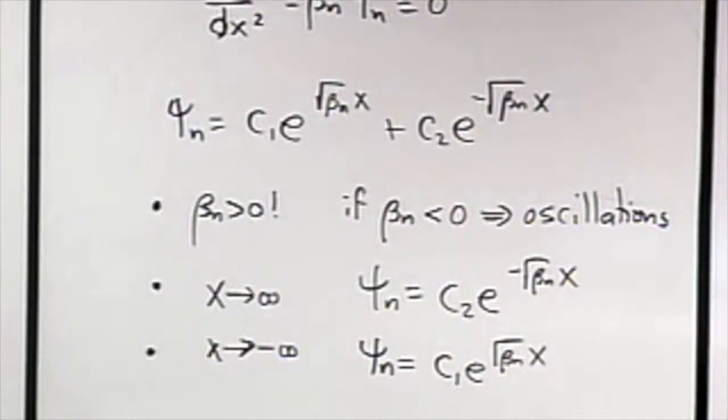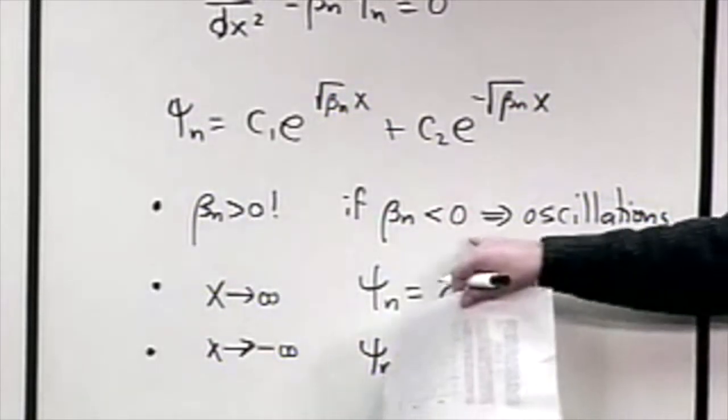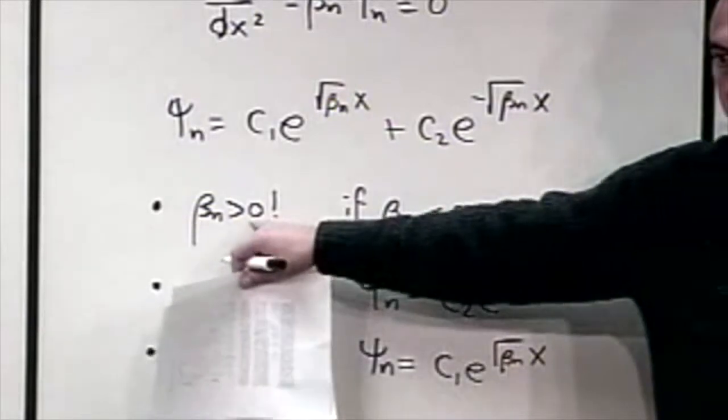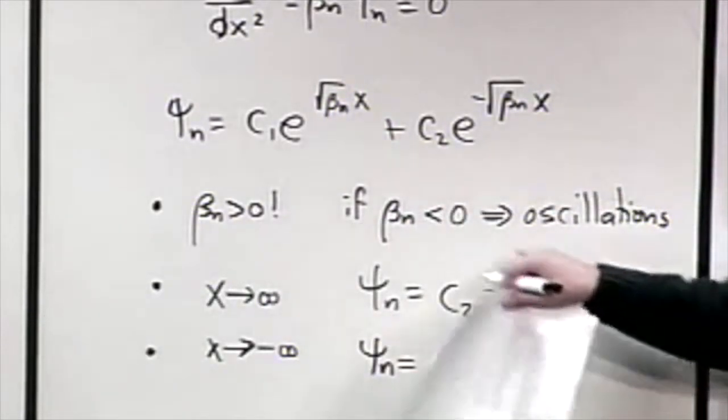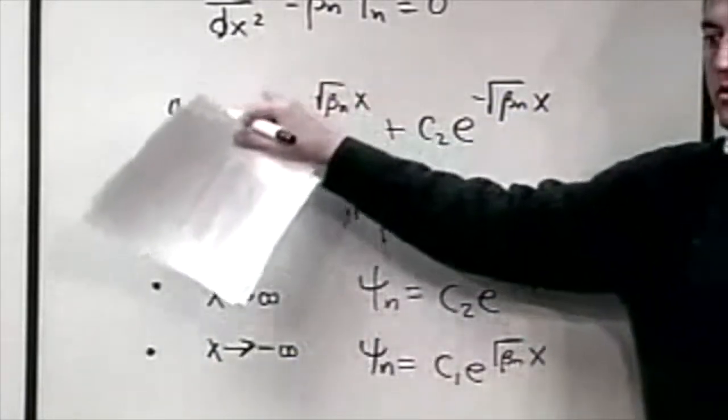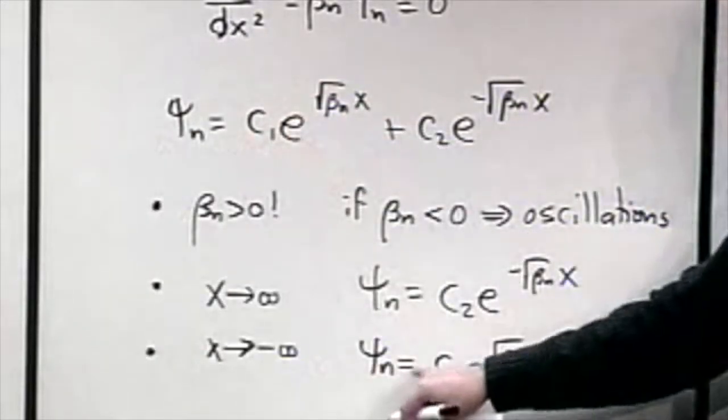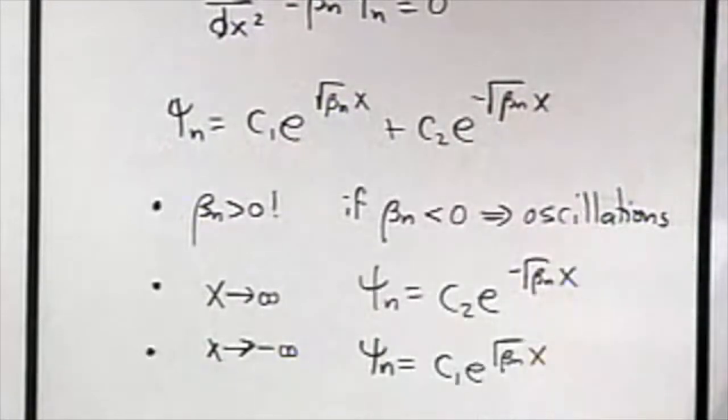So we've made a grand total of 3 observations. One of them is that beta of n has to be positive. And the other 2 are that as x goes to infinity, we cannot have this contribution to the equation, and as x goes to negative infinity, we can't have this. Otherwise, we have solutions going to infinity.